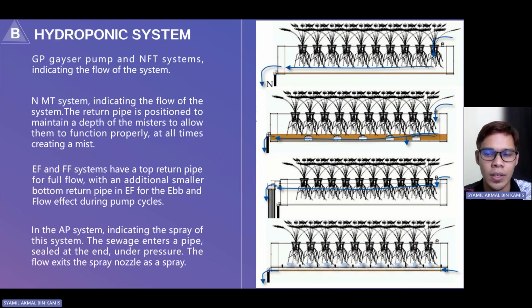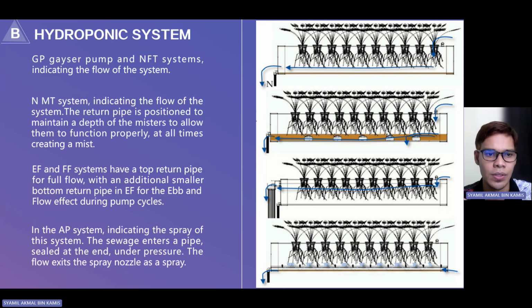This is the hydroponic system diagram. On the top line are the geyser pump and NFT system, indicating the flow of the system, and the misting system, indicating the flow of the system.